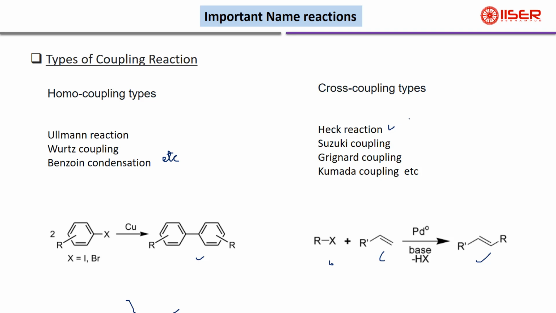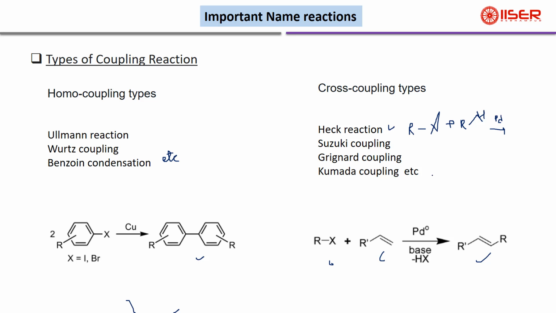It's a Heck coupling when an R-X, a carbon-halogen bond, and a C-H bond get coupled with each other in the presence of palladium. Suzuki is when an R-X and a carbon-boron bond get coupled with each other, that is called Suzuki coupling.